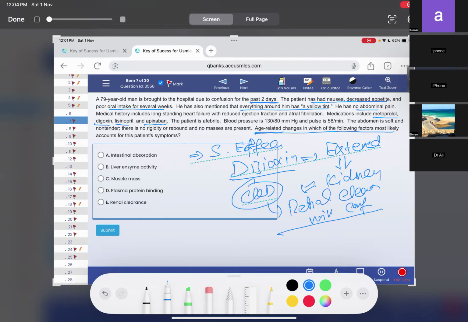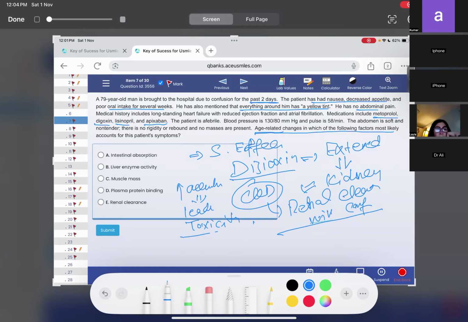We know that the kidneys are responsible for clearing digoxin. So whenever a patient has decreased renal clearance, the digoxin level will accumulate, and this accumulation will lead to toxicity. Okay, doctor.